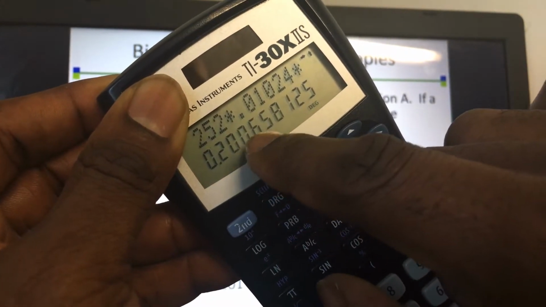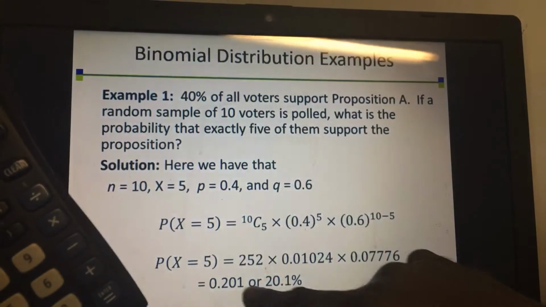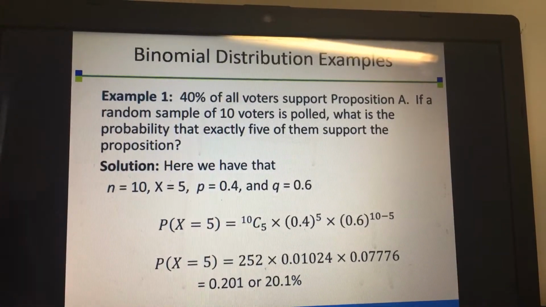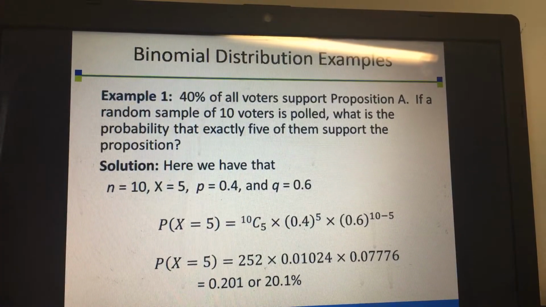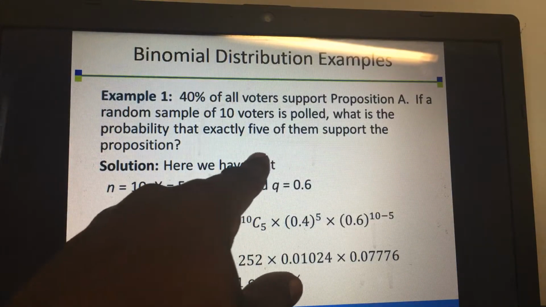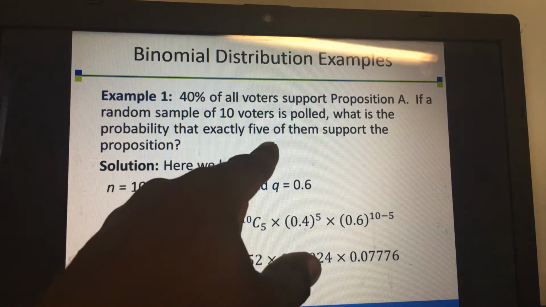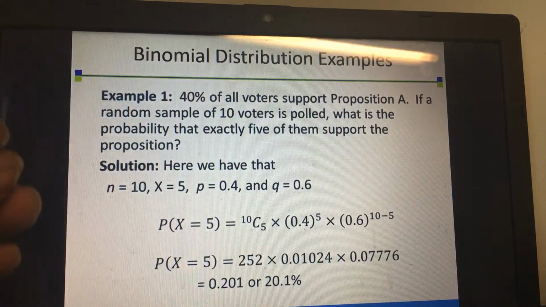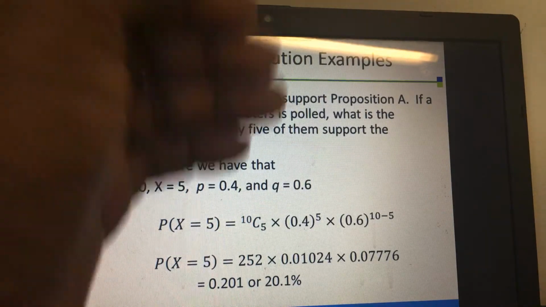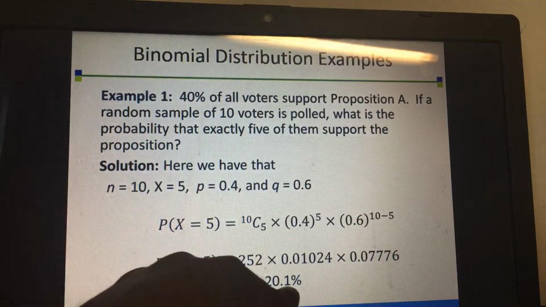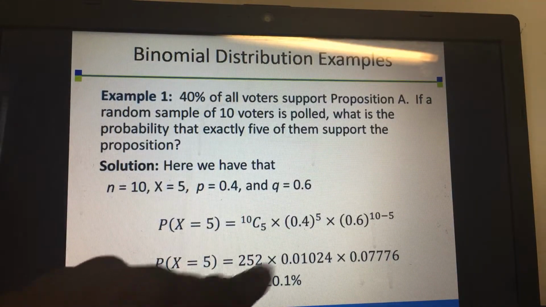If you round it up, you get 0.201, which is what I got here, which is 20.1%. So the probability that exactly 5 of the 10 voters will support proposition A is 20.1%, or 0.201.